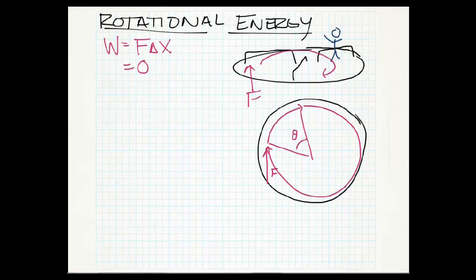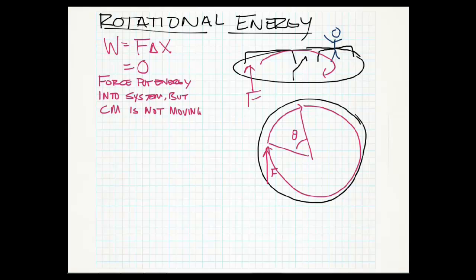Even though we did put work into it, if we look at it as we go all the way around, we are making it do something. We are making it spin. So the way that we're going to talk about this is that force put energy into the merry-go-round, but the center of mass is not moving.